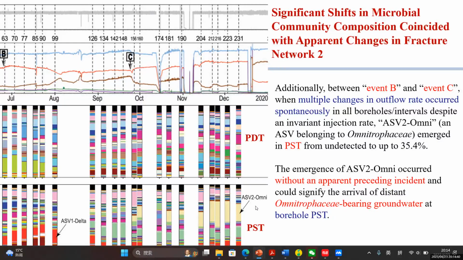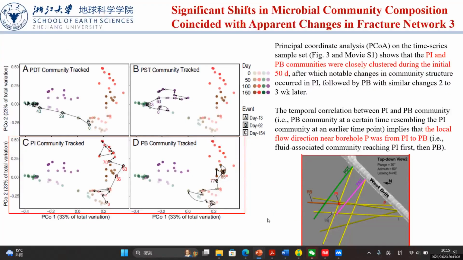So this one was not associated with any apparent preceding incident. Also, they explain this as the arrival of distant microbe-bearing underground water at this location, at this borehole PST.